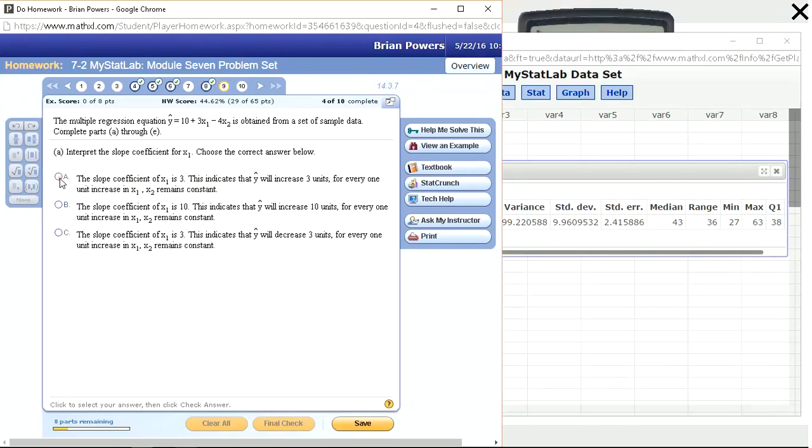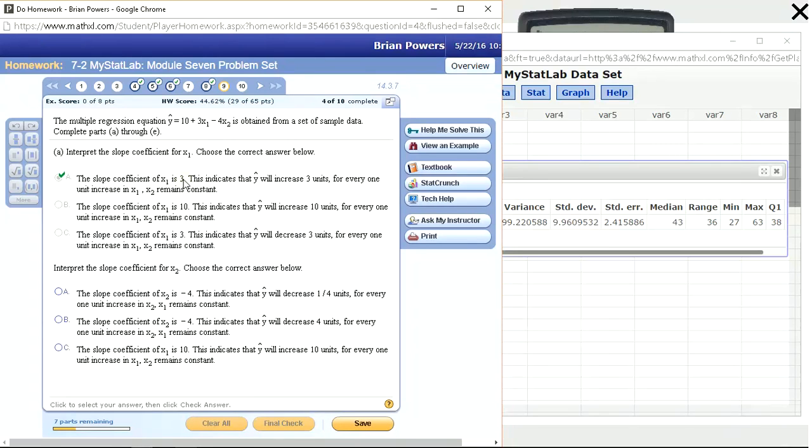That's what this first option is saying. And for x2, since it's negative, if x2 was to increase by 1 unit, we would expect the response to decrease by 4 units. That's what we have here: decrease for every 1 unit increase in x2, as long as x1 is held constant.